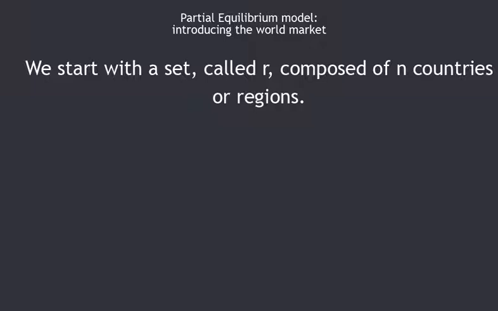So here, for example, we will consider the African continent. It means that we gather all African countries in a single region. And of course, we will also have the rest of the world, which will be composed of all countries not included in the previous list.